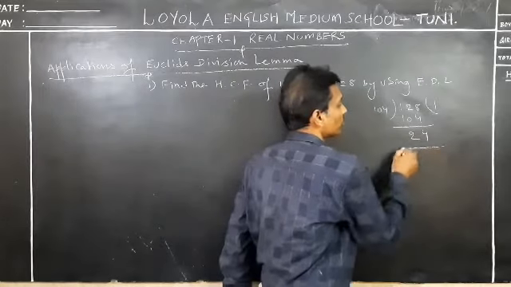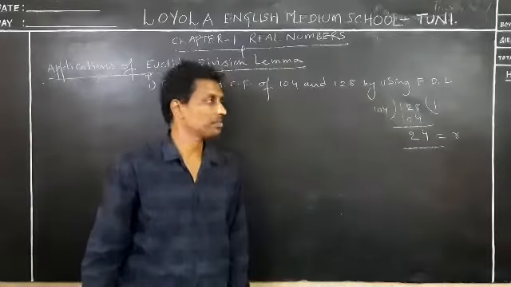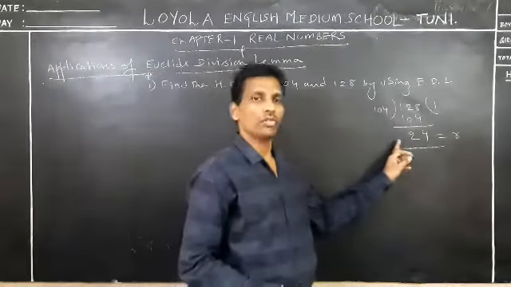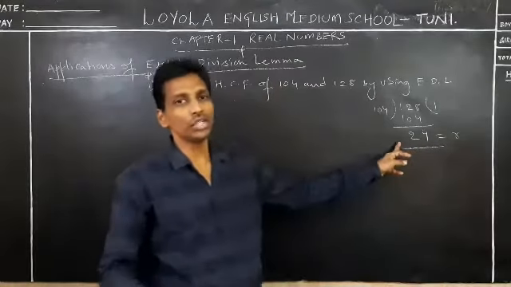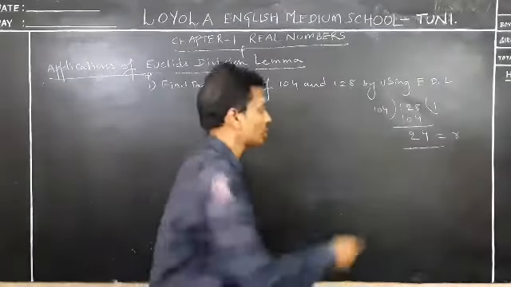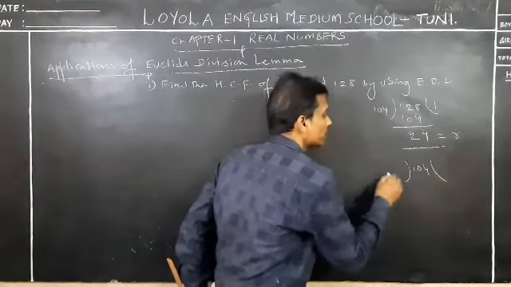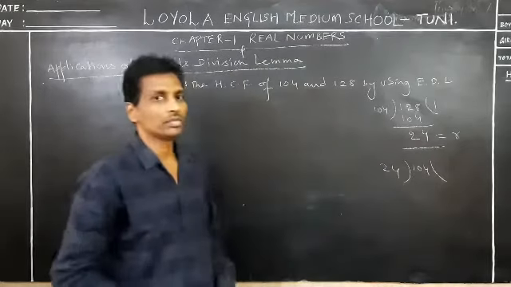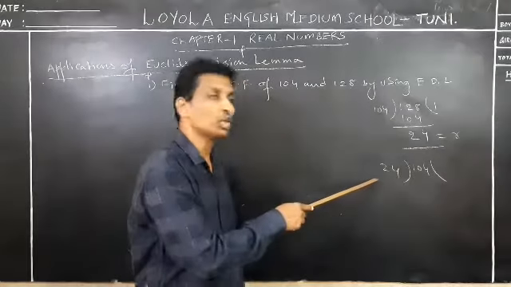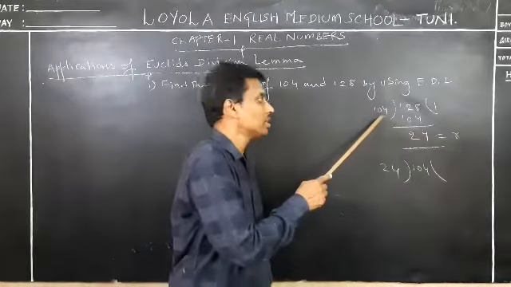4, 2. What is the remainder? 24 is the remainder. And now, we know this process will be continued until we get remainder 0. So again, we divide 104 with 24. That means this is the step 1 and this is the step 2. In step 2, remainder changes as divisor.